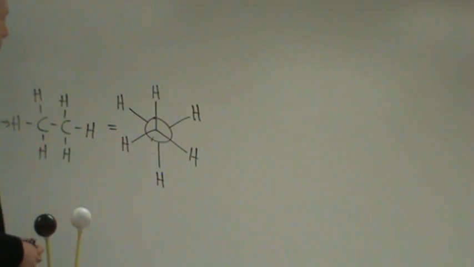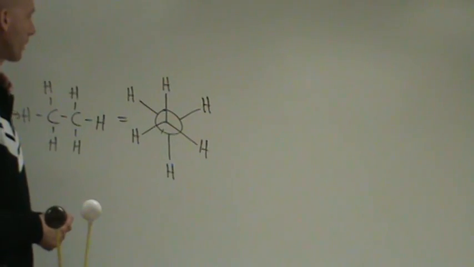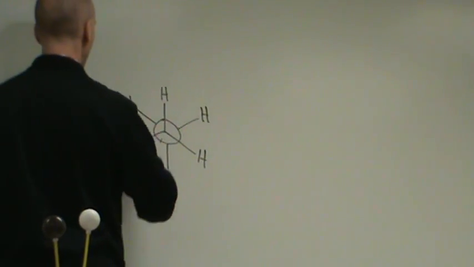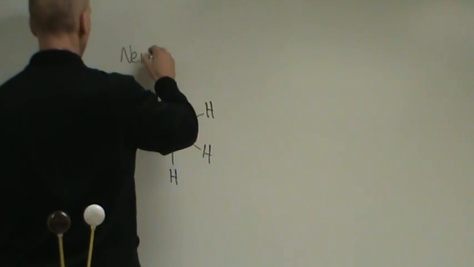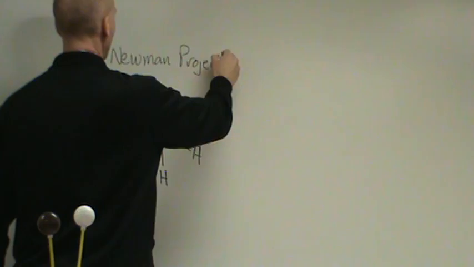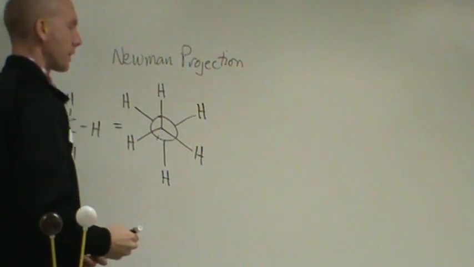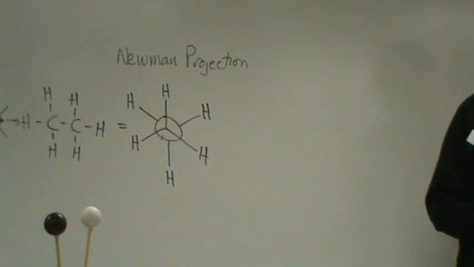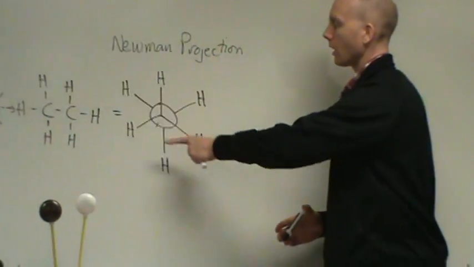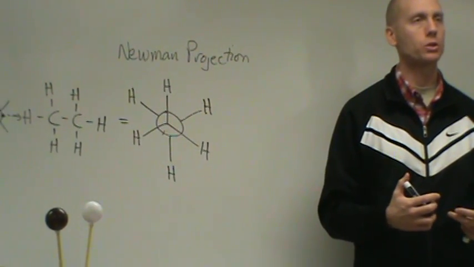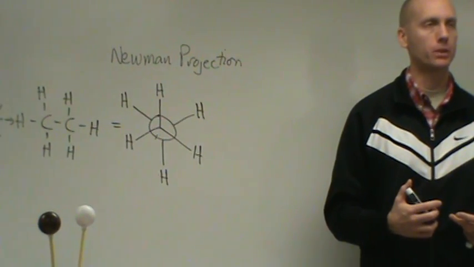And so this projection is what we call a Newman projection. And as you can see, the purpose of it is that it allows us to see all the bonds to hydrogens. I don't really care about the bond between the 2 carbons.